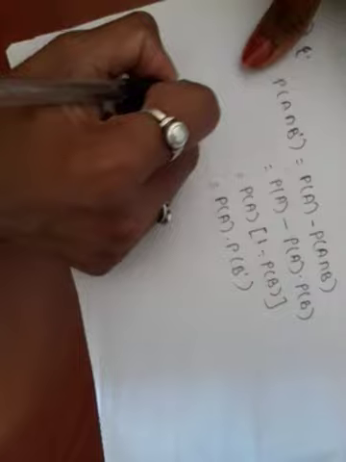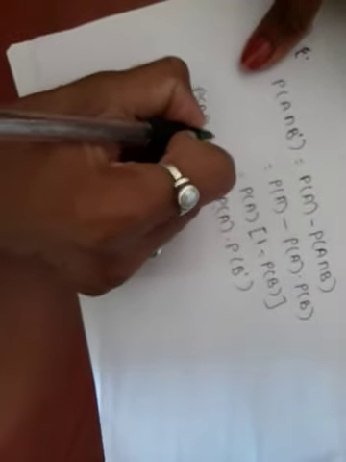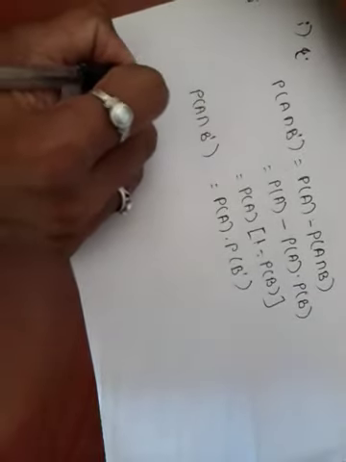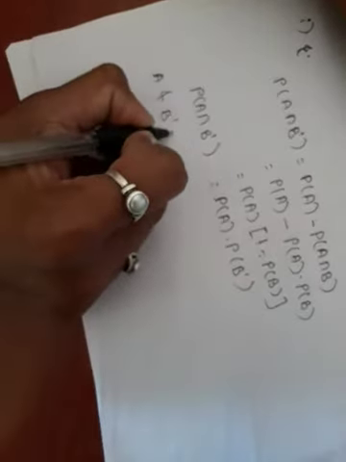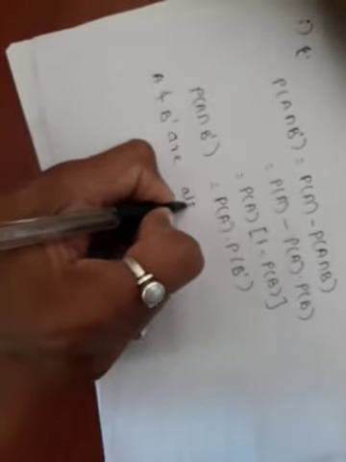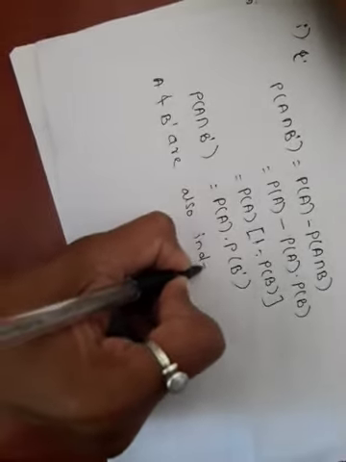So P of A intersection B complement is P of A into P of B complement. Therefore, A and B complement are also independent.